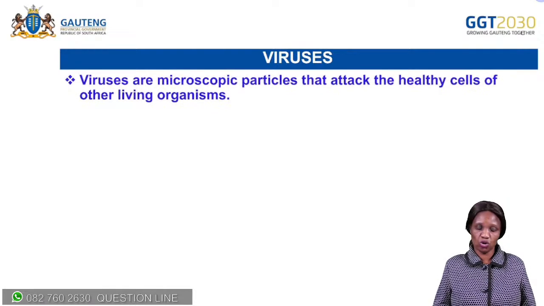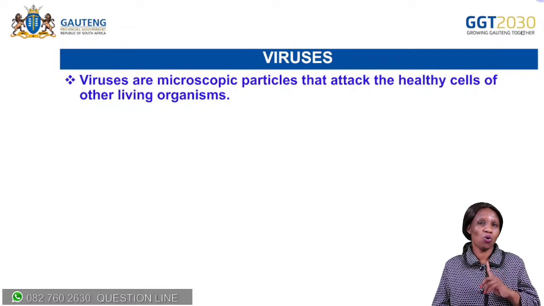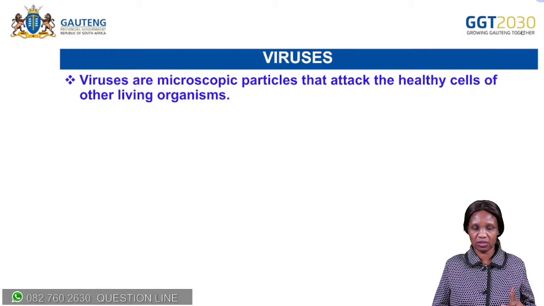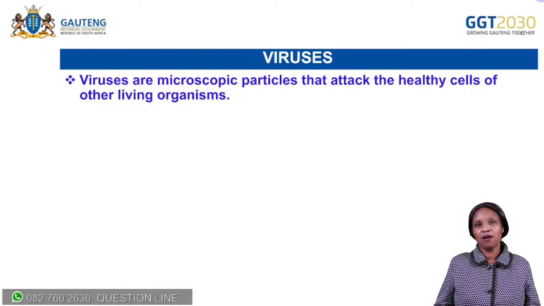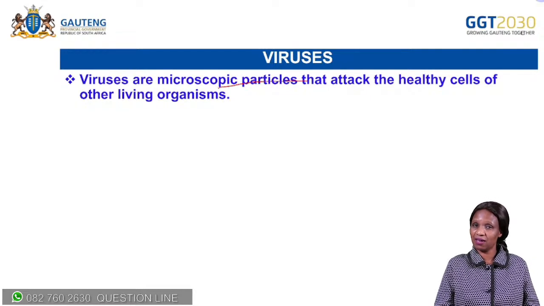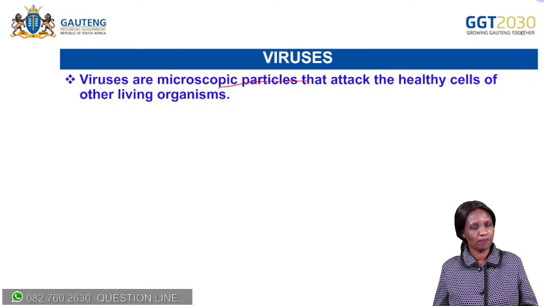And then we go to viruses. When we are talking about viruses, remember they need a host for survival. Viruses are microscopic particles that attack the healthy cells of other living organisms. Why are they attacking the healthy cells of living organisms?